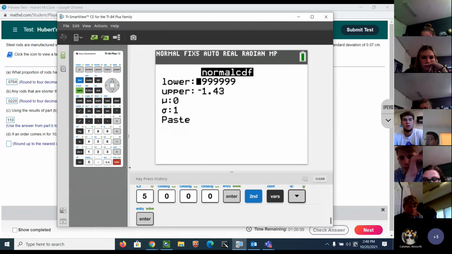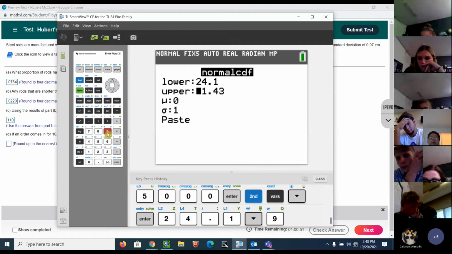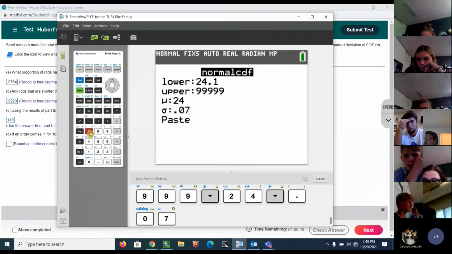I'm just going to do a quick new calculator. Here's how you would do it with a new calculator. 24.1 to 9999. Mean is 24, and the standard deviation is 0.07. It should be 0.0764.